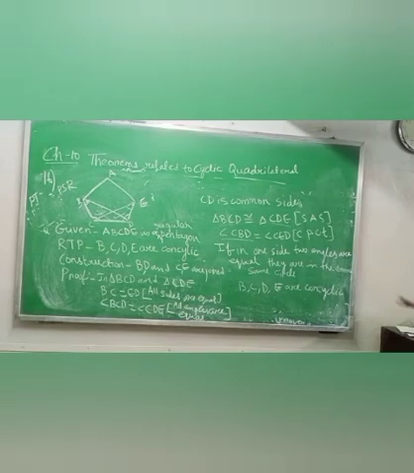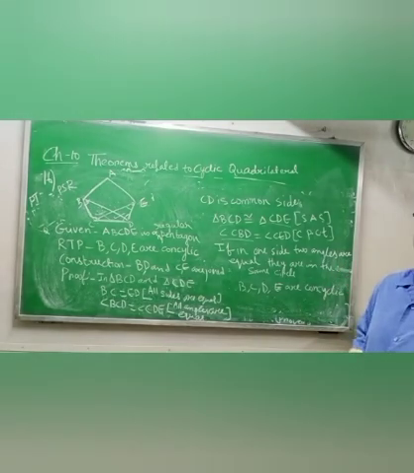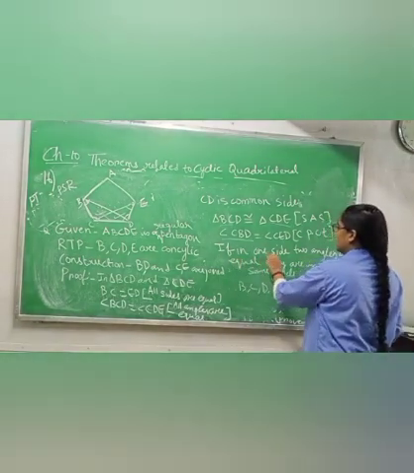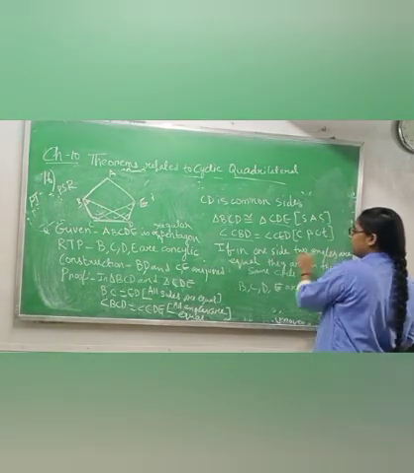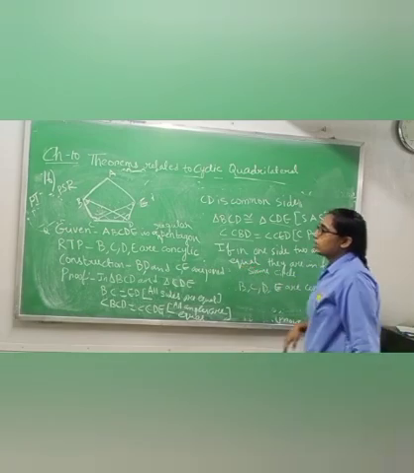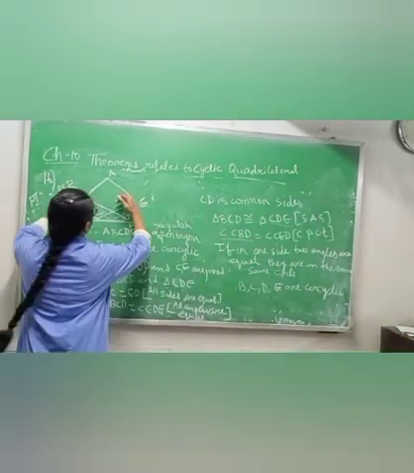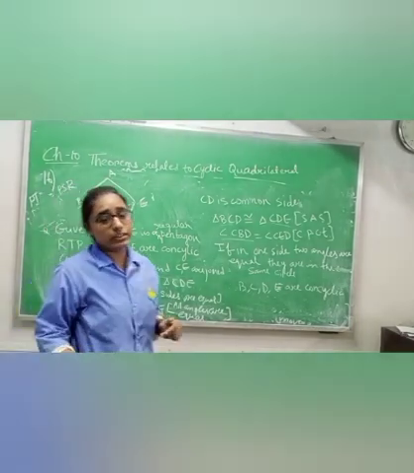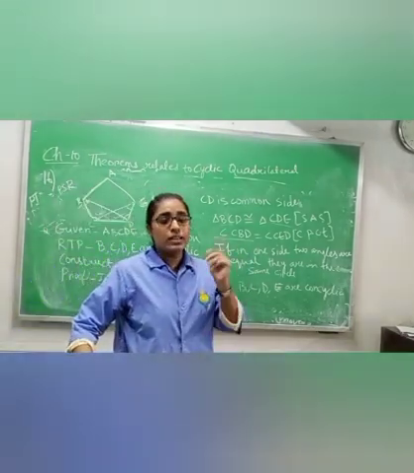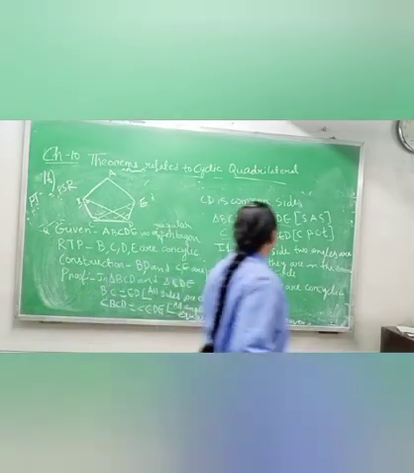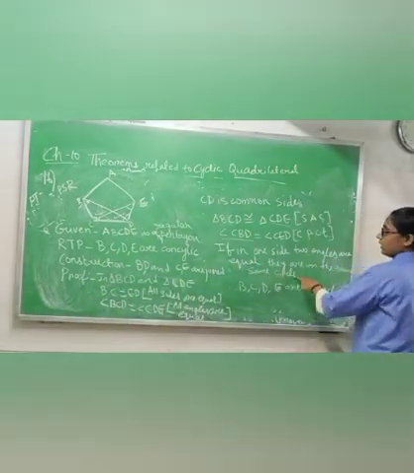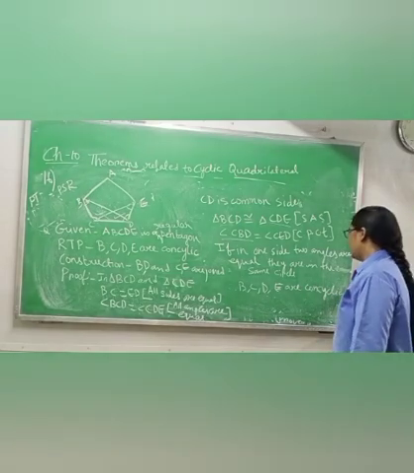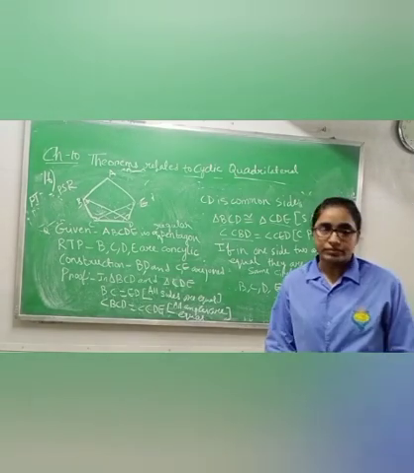Now, you can see that on one side 2 angles are equal. Then what can we say from theorem 39? If on only one side 2 angles are equal, then they are on the same circle, therefore B, C, D, E are concyclic. Okay, understood this one? Copy this one.